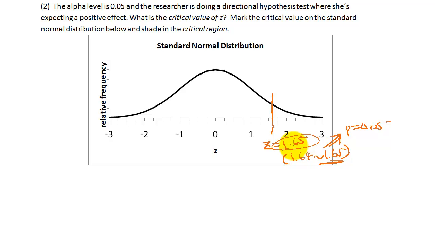Mark the critical value on the standard normal distribution below and shade in the critical region. The critical region in this case is here. Beyond this point, when it goes into this region, it means there was some effect.